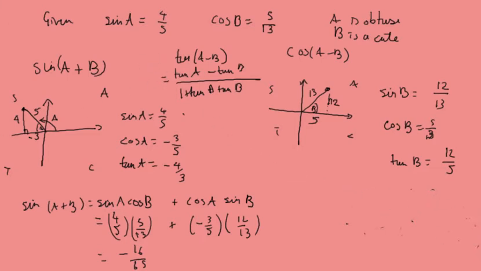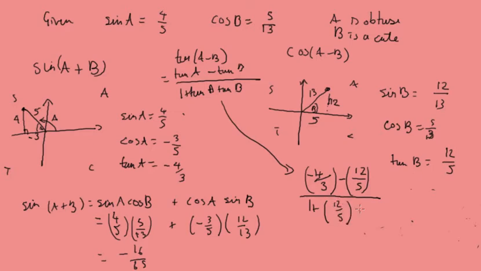So tan of A is minus 4 over 3, minus tan of B, which is 12 over 5, divided by 1 plus tan of A times tan of B.